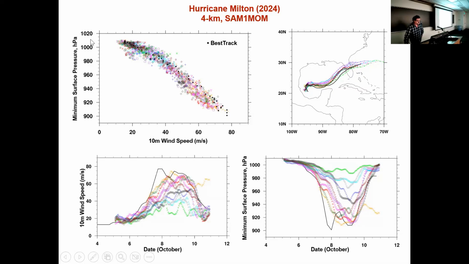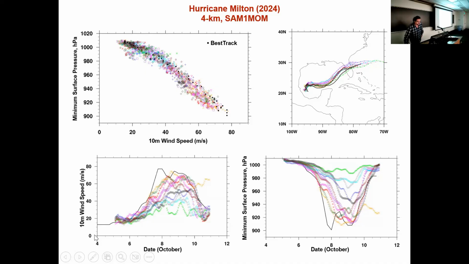And the vertical axis is surface pressure. So you can see that observations are black dots, from best track. And all these ensemble members, total 11 members, you see that they pretty closely match the observed relationship between maximum wind speed and pressure.